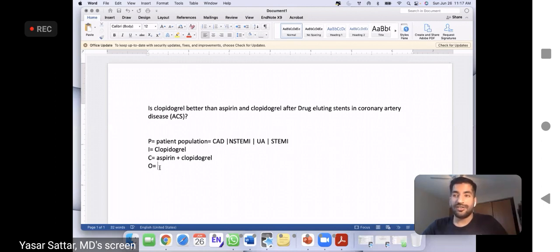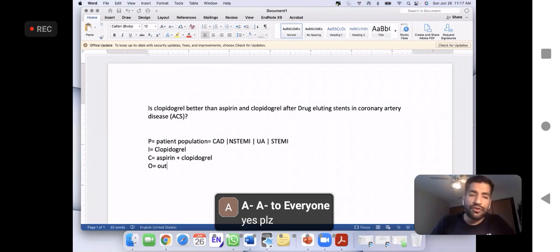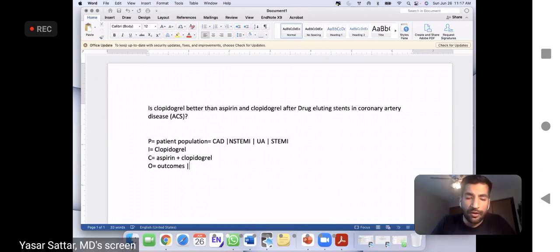You have to have a comparison, and the 12 lead EKG is your gold standard comparison. Anyways, so O is for outcomes. Outcomes you can divide into primary versus secondary outcomes.